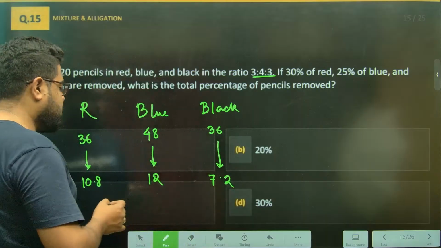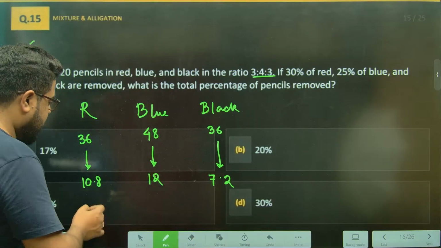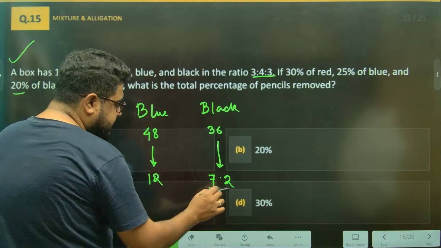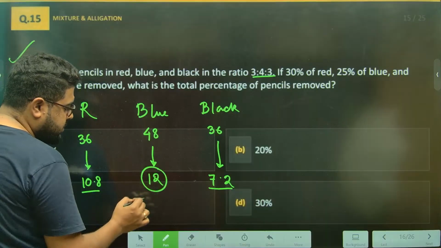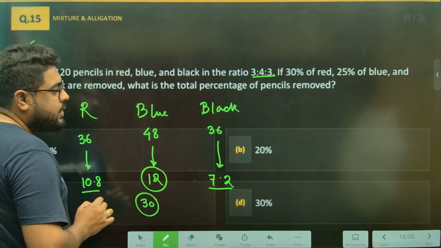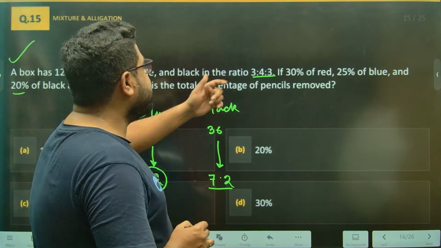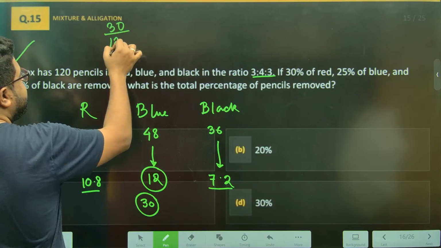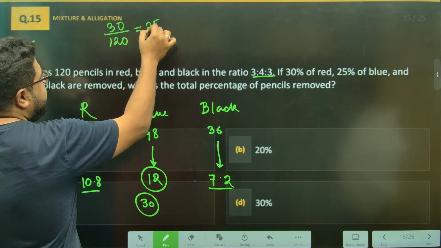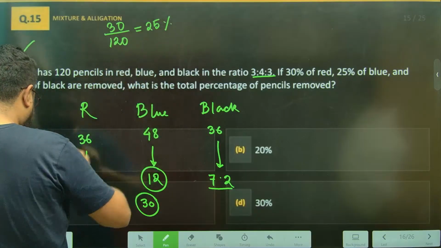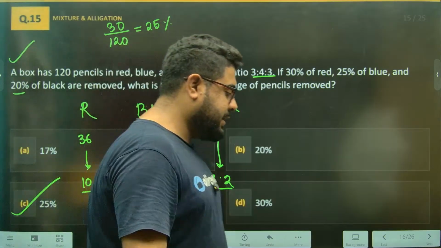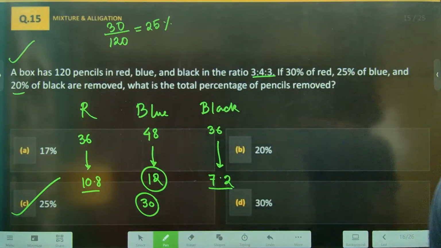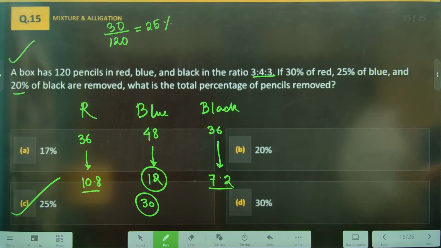These many pencils. So total is an integer again. So how many removed? 11 and 7, 18. 18 plus 12, so 30 pencils were removed here. Now, what is the total percentage of pencils removed? So 30 is what percentage of 120? Sir, 1/4 meaning 25%. Option C, 25% is most definitely your correct answer, sir. Clear, everyone? Not difficult.